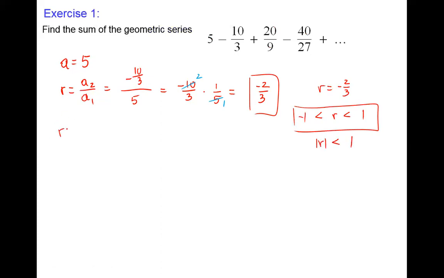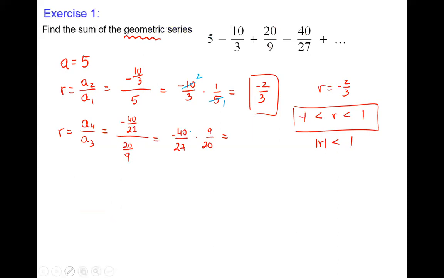Just to double check, I can also pick possibly the fourth term and divide by the third one, but we definitely know that this is the geometric series because that was stated in the question. Let's take the fourth term. It's negative 40 over 27 divided by 20 over 9, which means multiply by 9 over 20.